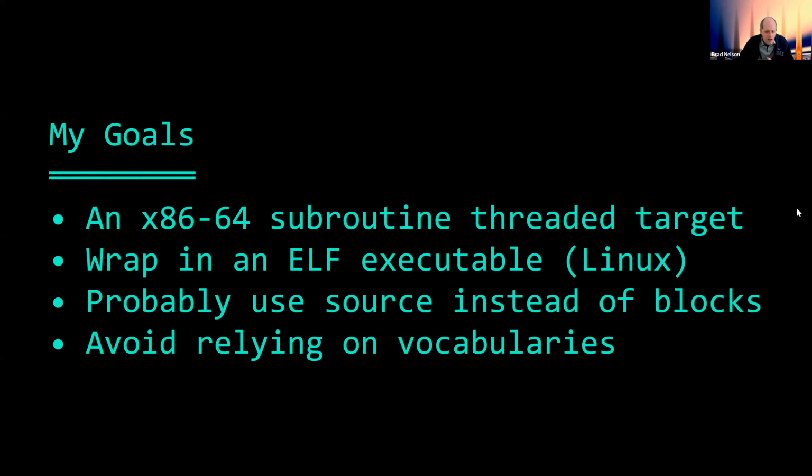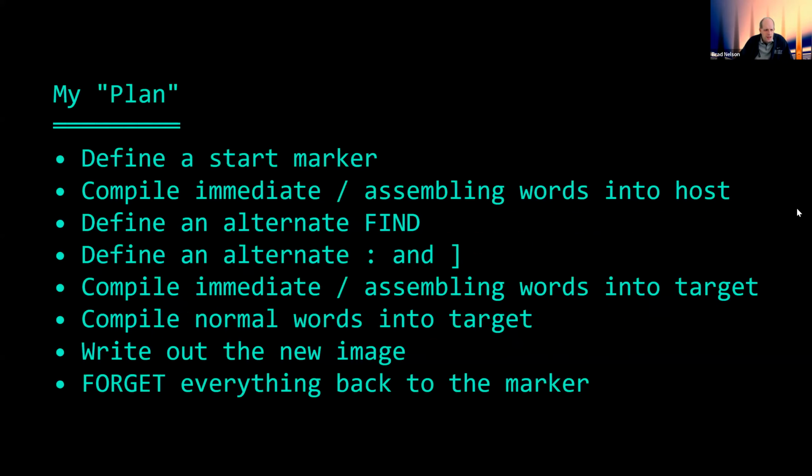Probably just will generate an ELF executable, and my current thinking was I would use source instead of blocks, and I wanted to avoid relying on vocabularies, or at least try to be methodical about thinking about what the dependency order is.